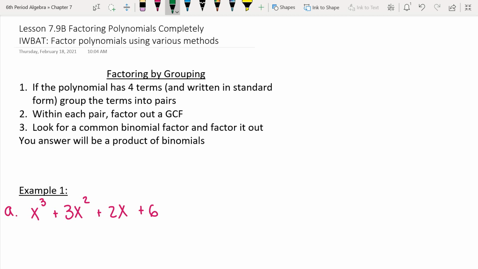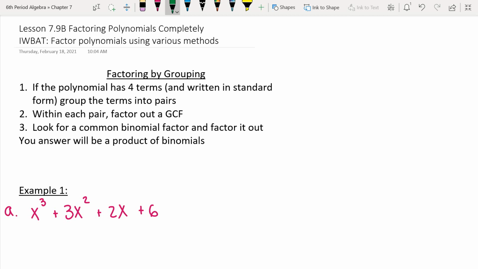So factoring by grouping. Well, the first thing we're going to look for, and that's step 1, is if the polynomial has 4 terms. You do want to make sure that whatever polynomial you are given, it is written in standard form. You might as well get that done immediately if it's not written in standard form. That way, it just makes life a lot easier when you're factoring.